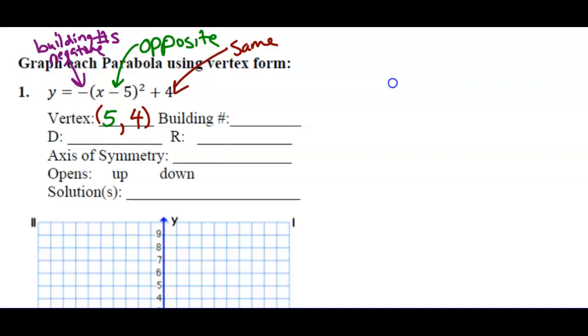So my building numbers again are 1, 3, and 5. Those are all going to be negative. So when I'm doing my building numbers, am I going to go up or down? Down, right? Down would be negative. So this graph is going to open down. We know that because of this sign. The first things you need to look for: vertex and which way it's opening.